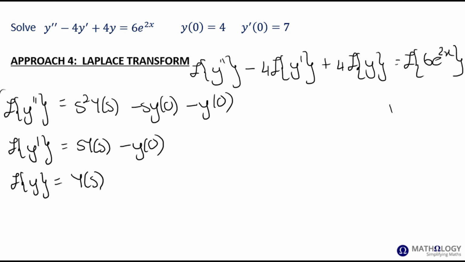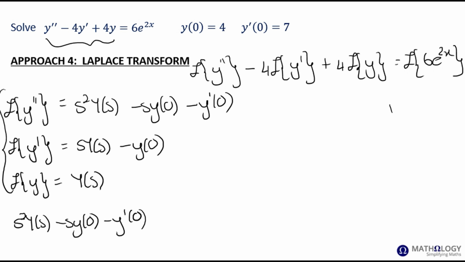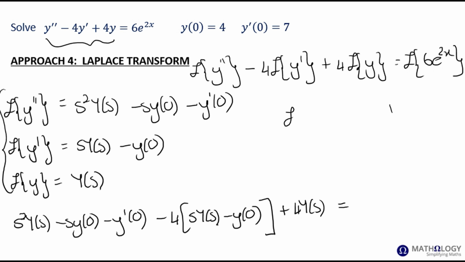So substituting these expressions into the differential equation, we have s squared y of s minus s y of 0 minus y prime of 0, minus 4 times y prime, so it's 4 times y of s minus y of 0, plus 4y of s, and that equals, now the Laplace of 6e to the 2x equals 6.